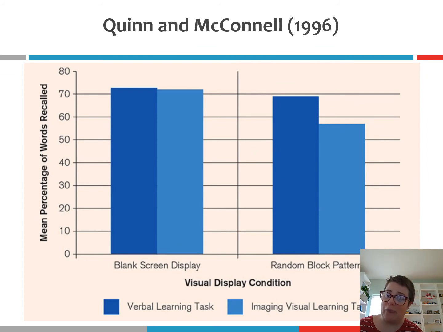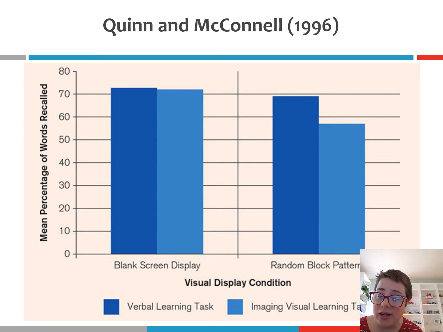And what they found is that when there was nothing being presented on the screen, or the screen was blank, memory, or the average percentage of words recalled at the end of the task, was pretty much exactly the same, regardless of whether you verbally rehearsed the words or you mentally pictured the objects.